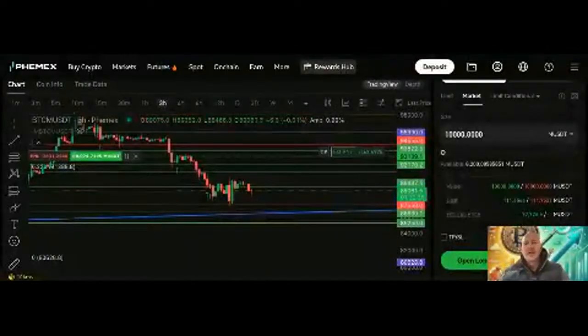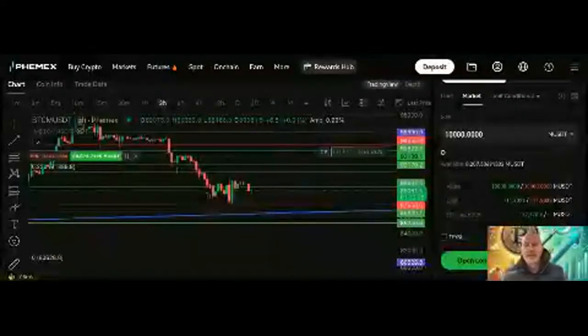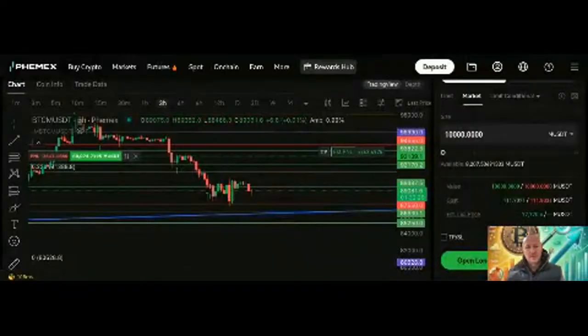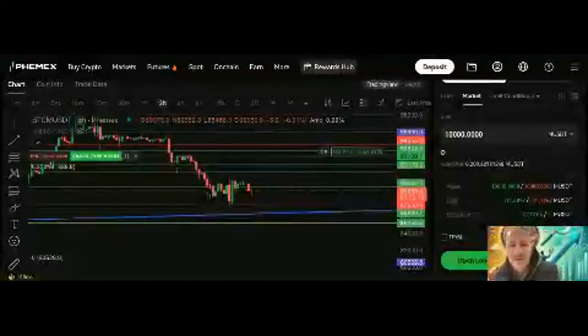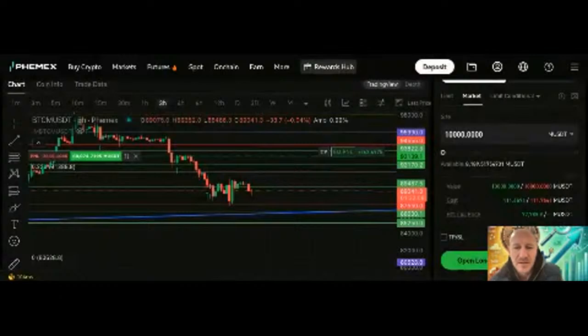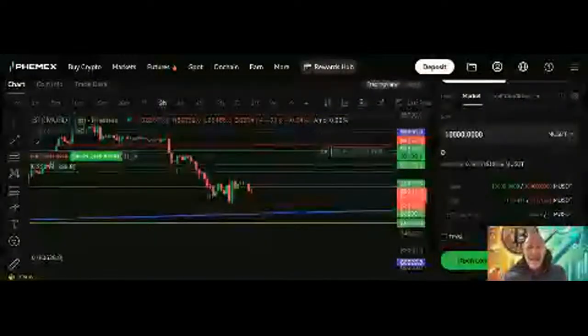Okay. But as you know, I do not trade for income. I trade to accumulate more Bitcoin. That is the point. Bitcoin is the hardest asset on earth. There's an immutable supply. There's never going to be more than 21 million Bitcoins in existence.